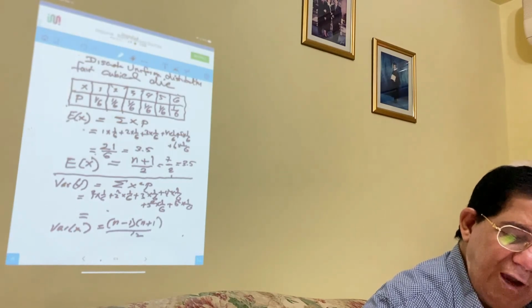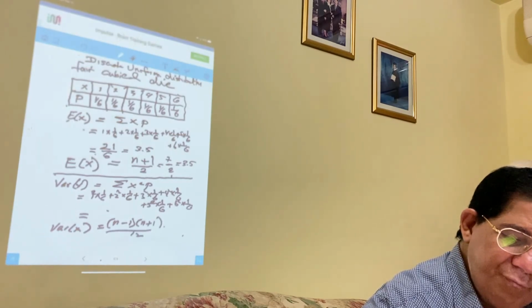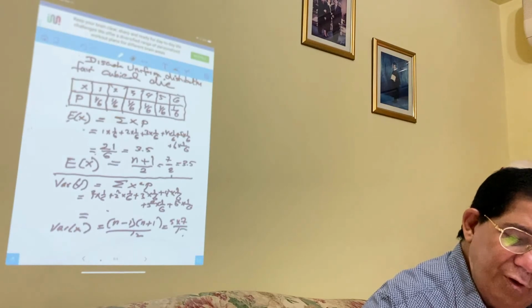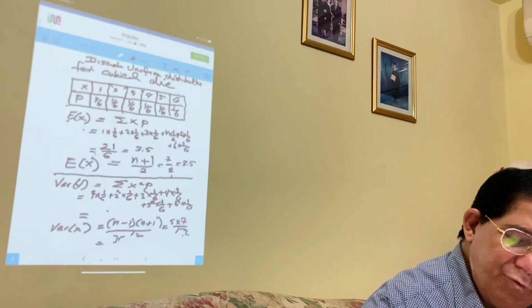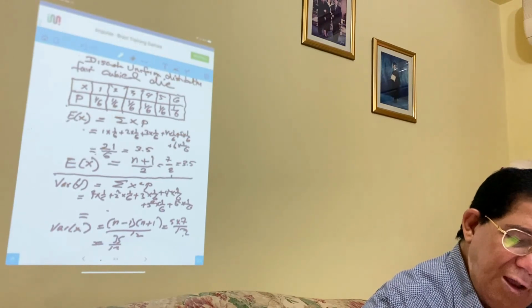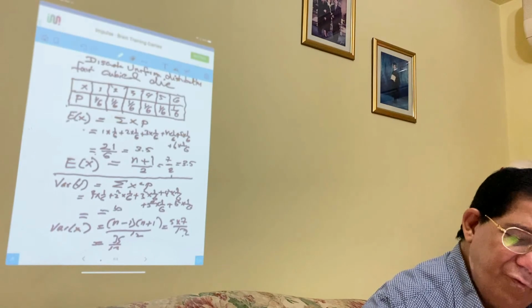You will get exactly the same answer, which is 5 times 7 over 12, which is 35 over 12.